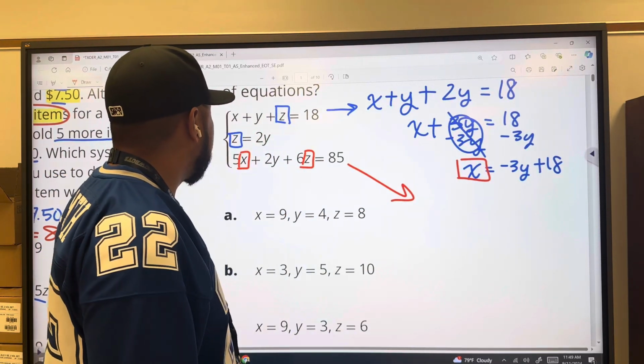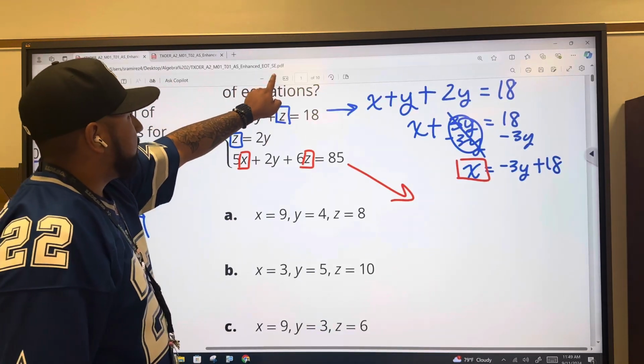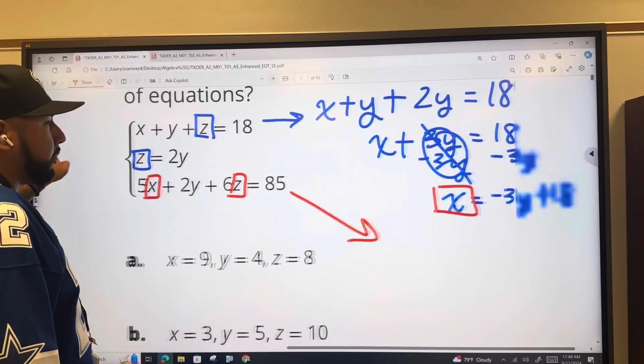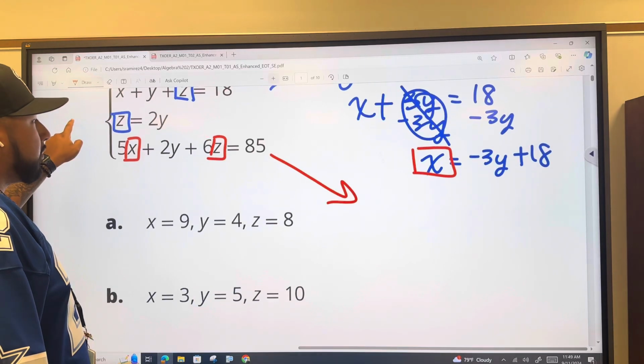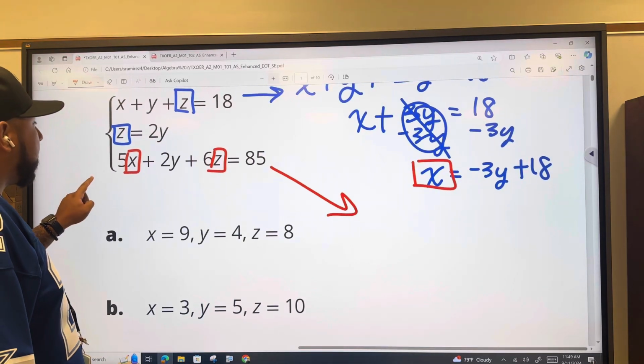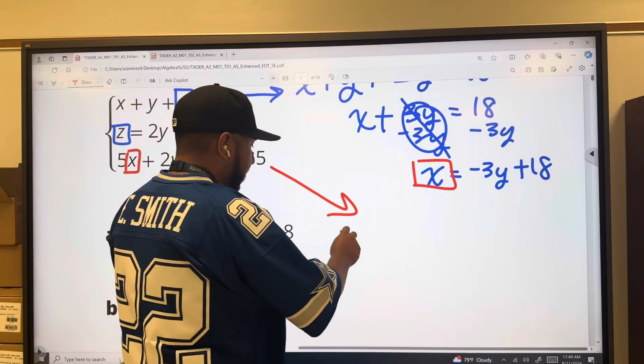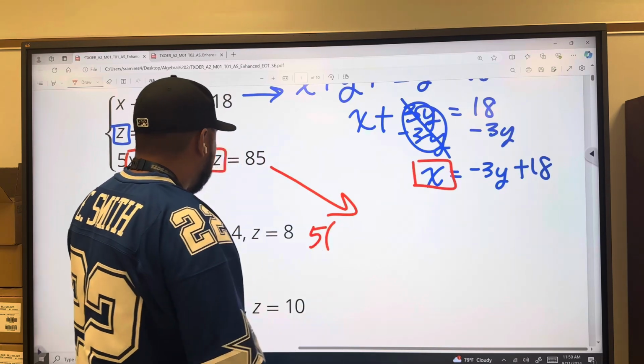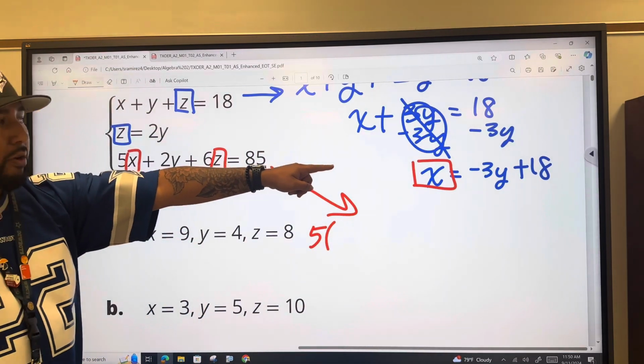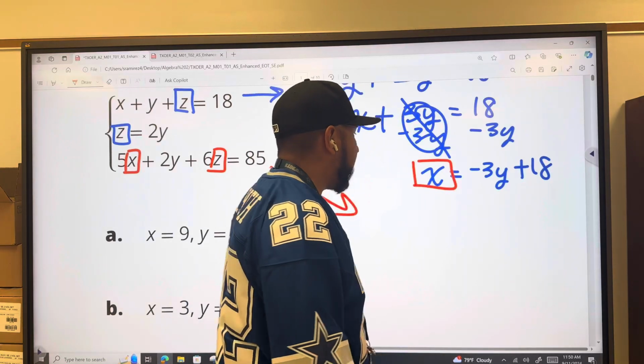Okay, here we go. Make it a little bigger. Okay, so I'm going to do 5, and instead of X, I'm going to put the new information right here, negative 3Y plus 18.